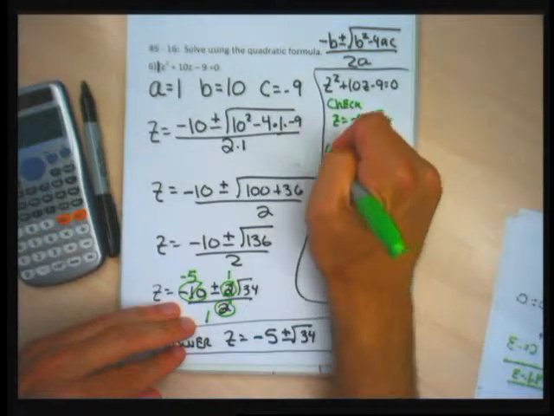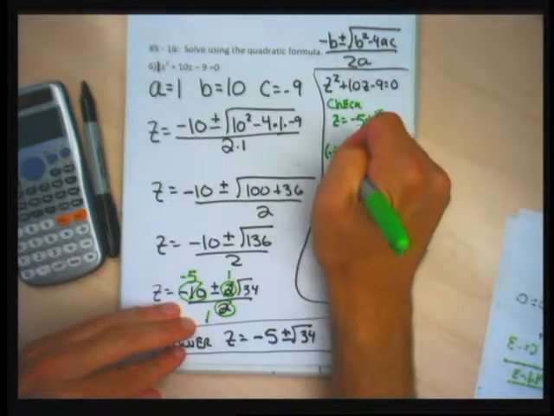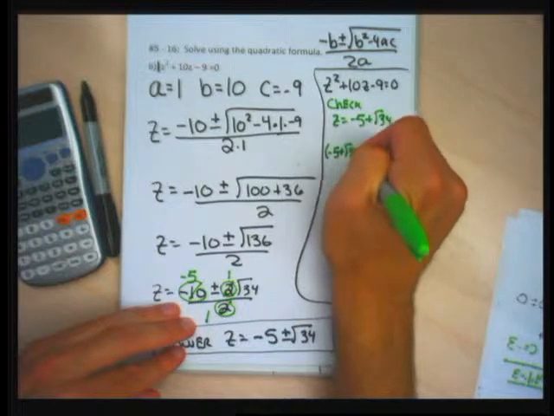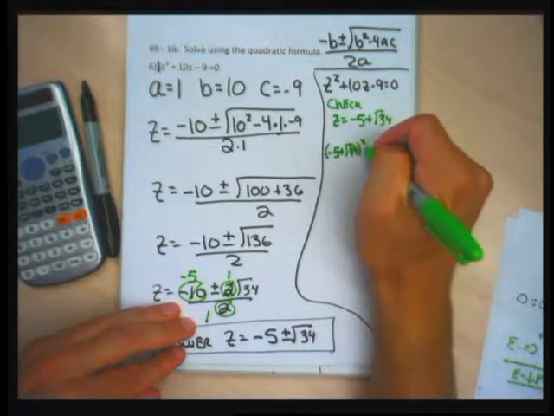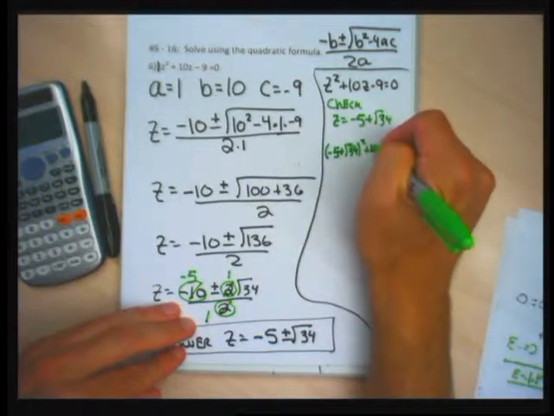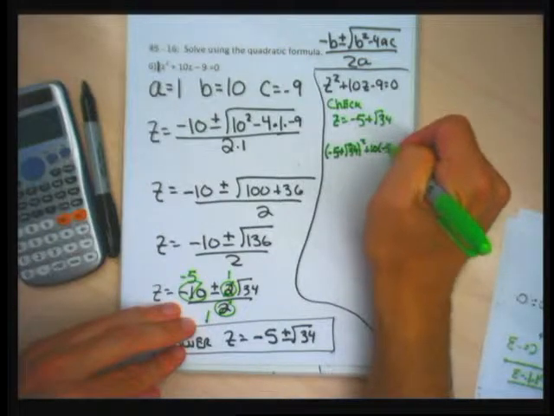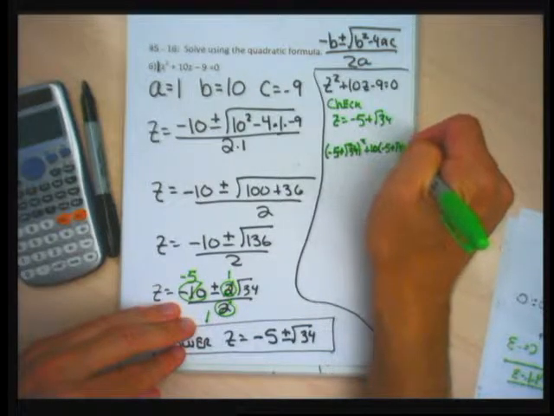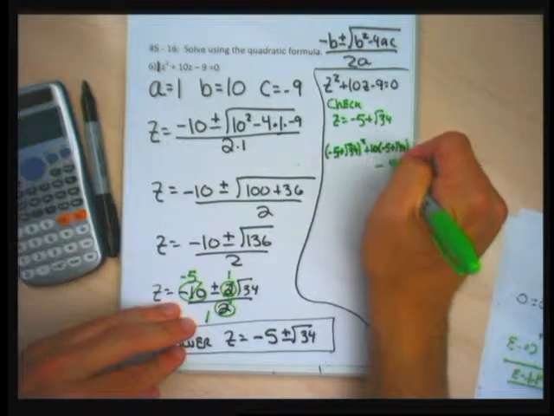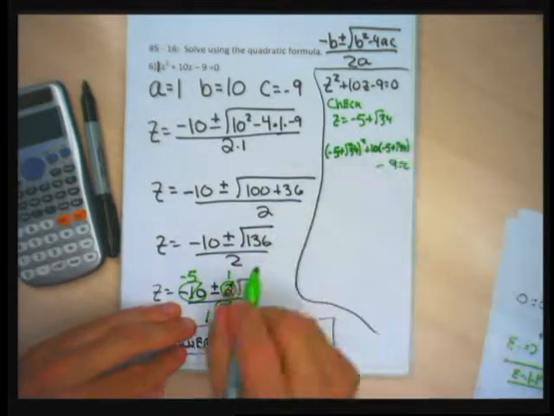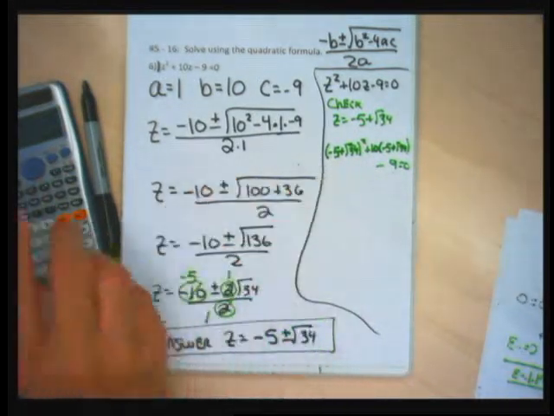I'm going to go -5 plus the square root of 34 squared plus 10 times -5 plus the square root of 34 minus 9, and that must equal to 0.